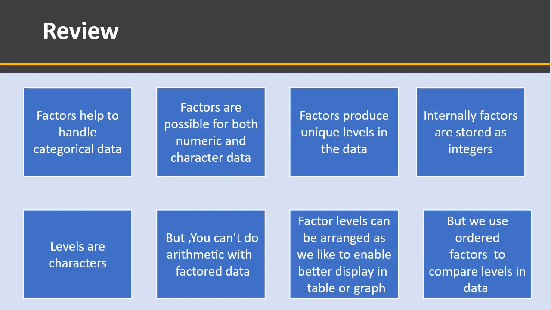You can't do arithmetic with factor data. Factor levels can be arranged as we like to enable better display in a table or graph. If we require to compare levels in data, then we use ordered factors. That is, we use ordered factors when we have ordinal data, unordered factors when we have nominal data.